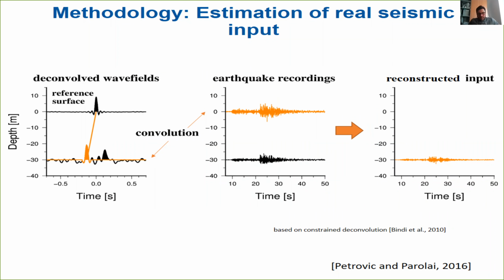To do this, we made something similar to what I showed you for the boreholes. We can convolve the recording at the surface only for the acausal part of the signal. So if I do this, I obtain this from the deconvolution.